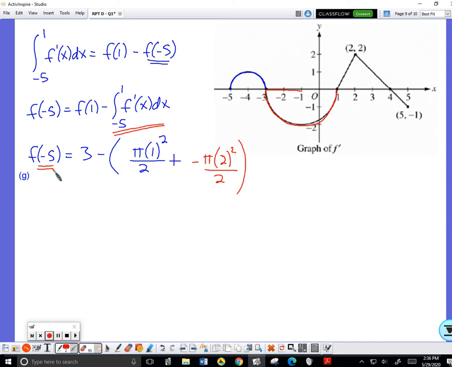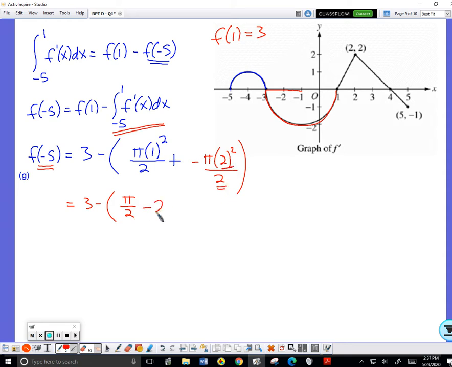I have to compare that against f of 1 to see which one is lower. So I am going to have to do a little bit of math here. Let's keep going here. So this is going to be 3 minus, this is just pi over 2. This would be 4 divided by 2. 4 divided by 2 is 2.